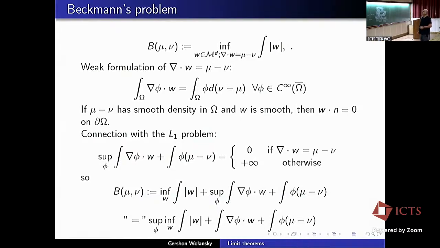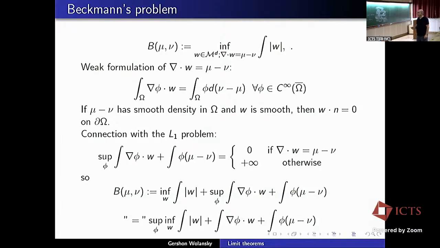We look at this definition, we see that the supremum of the gradient field W plus phi by definition is zero if it satisfies this condition, and infinity otherwise, because if it is not zero for some phi, then we take this phi and multiply it by a huge number and we get any number we want.